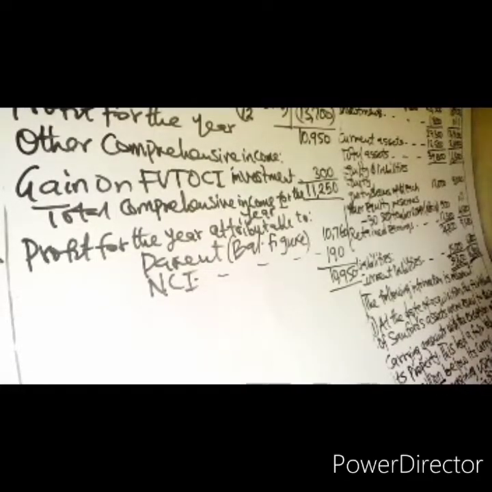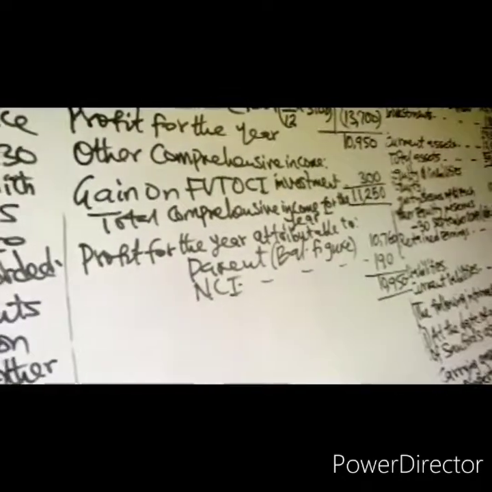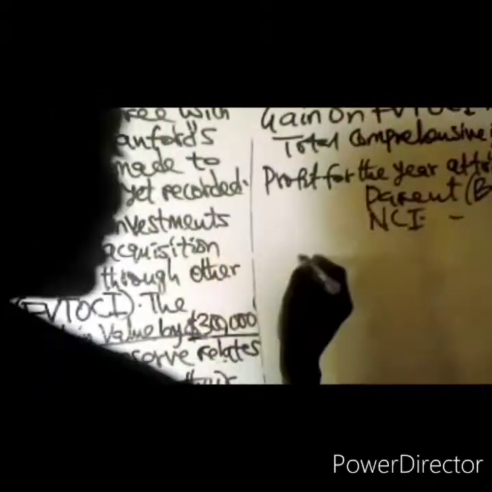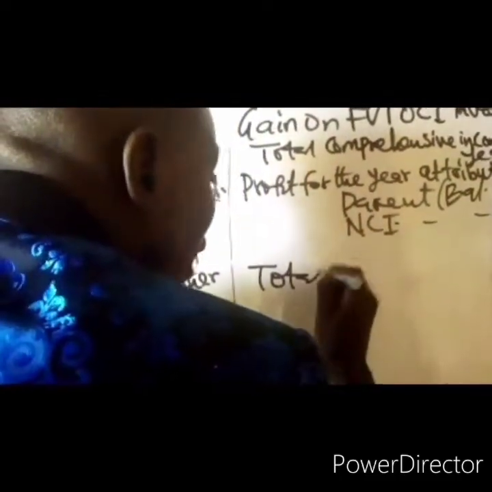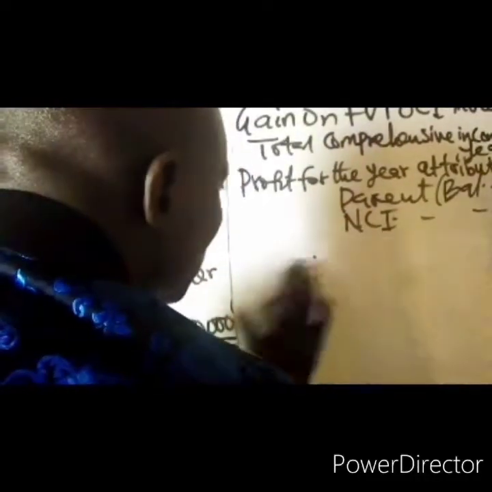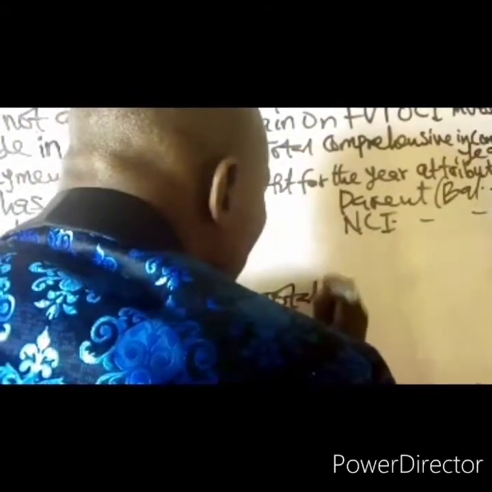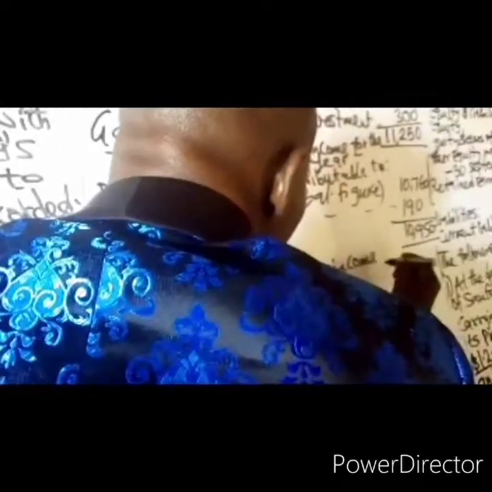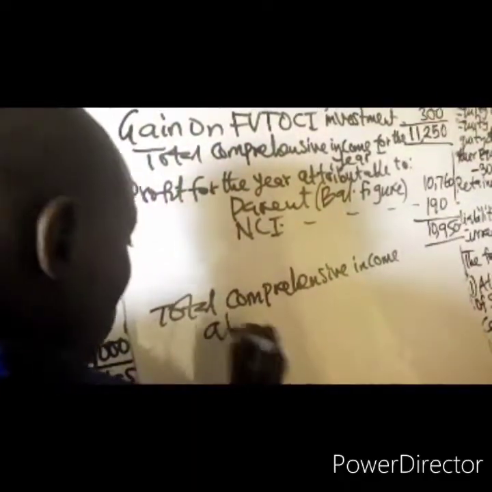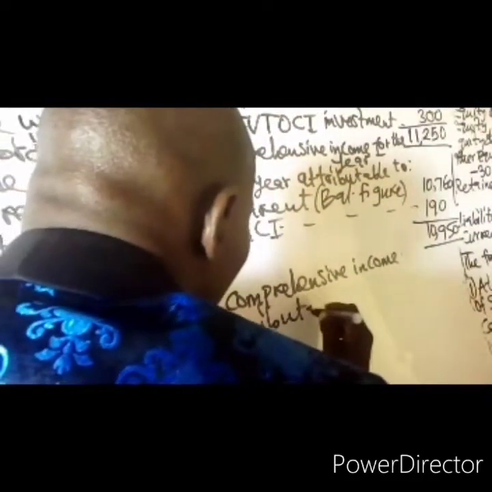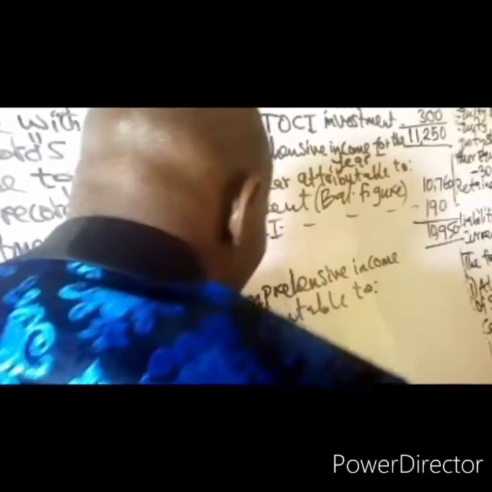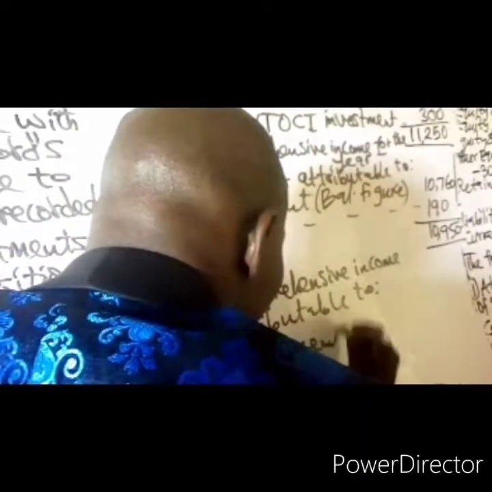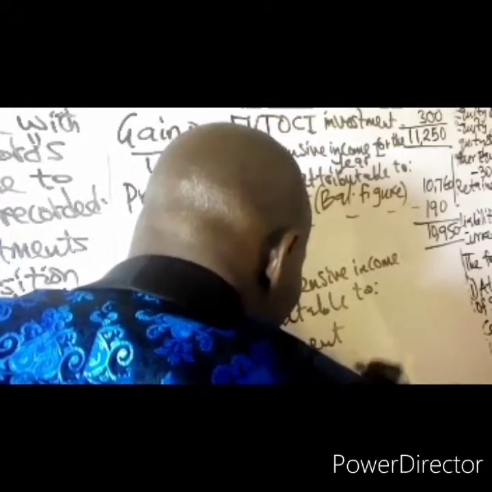The next thing is total comprehensive income attributable to the parent and the non-controlling interest.